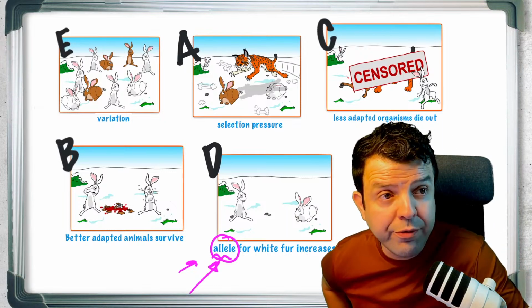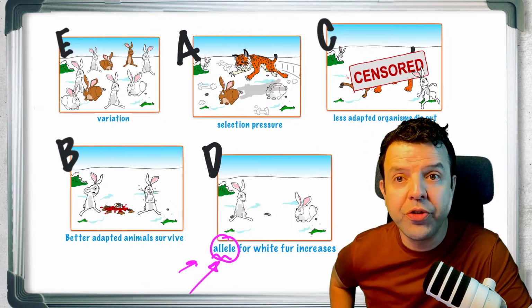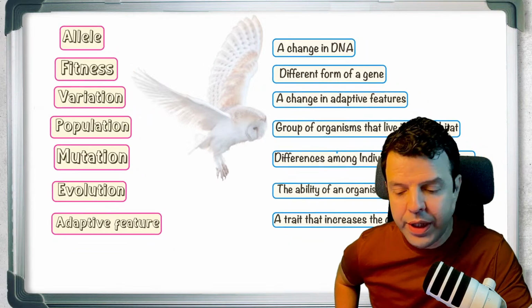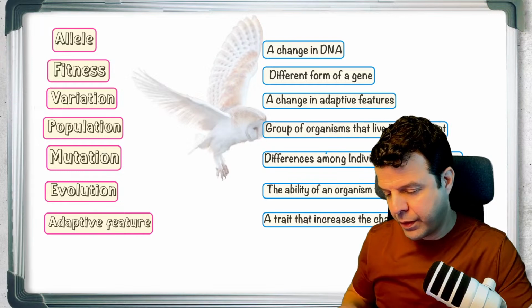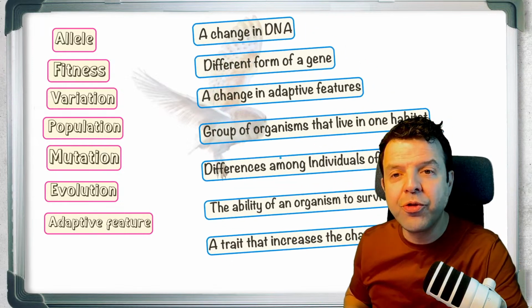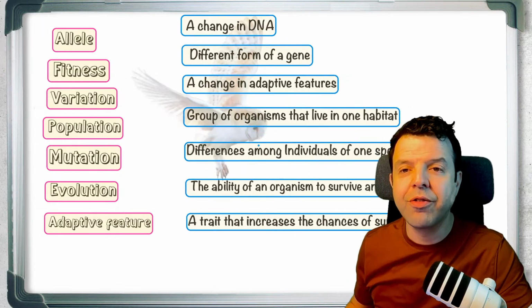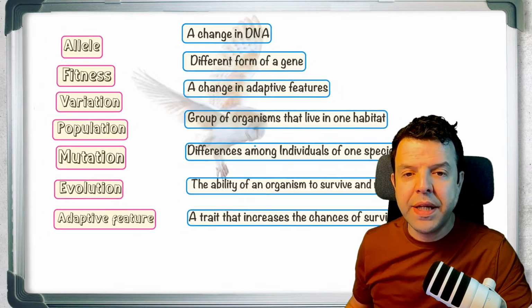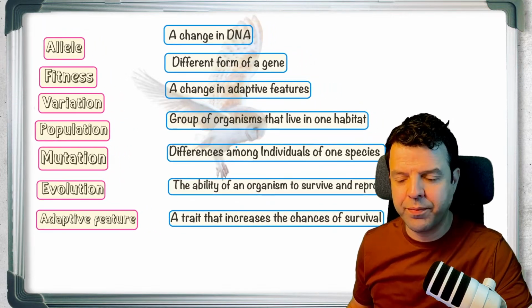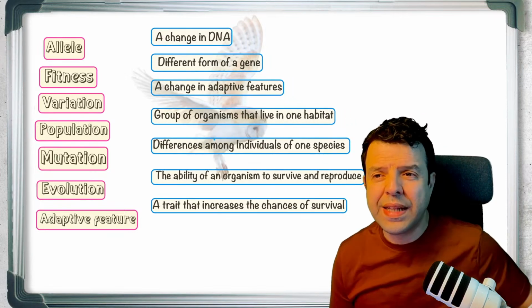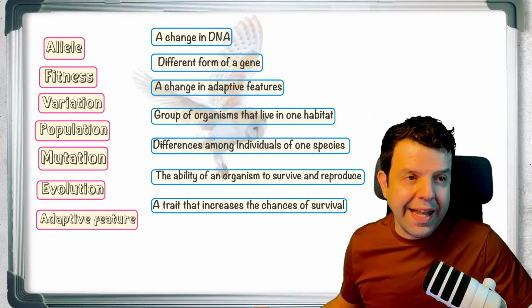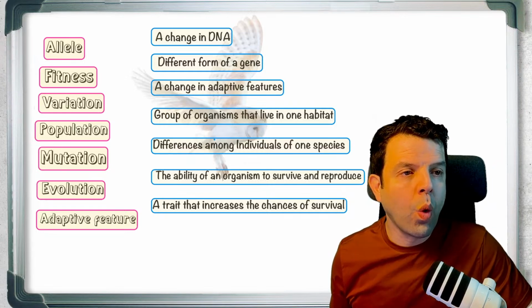So today we've learned many new words. I want to do a recap on the things we've learned. So here I have a list of definitions. Here I have their meaning. So let's try. Allele is like what?